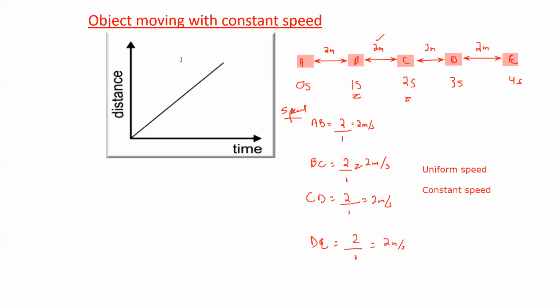And how will the distance time graph appear? What will be the shape of a distance time graph? It will be a straight line, but how will it be a straight line? With a constant slope or gradient. So when we mark the points, on the time axis we have 0, then 1, 2, 3, and 4.